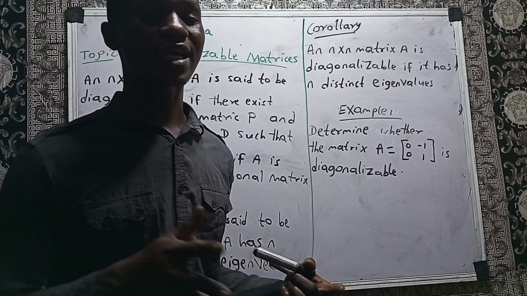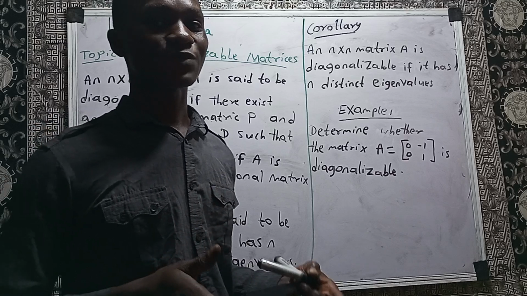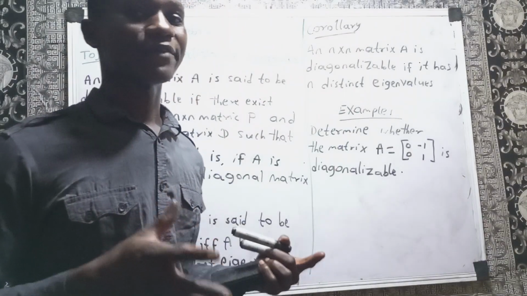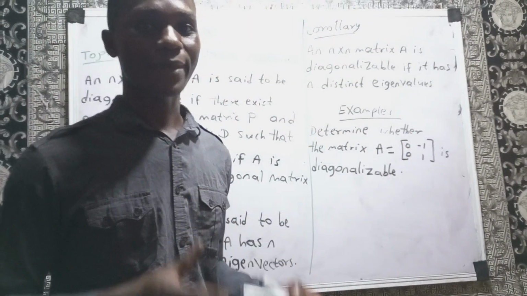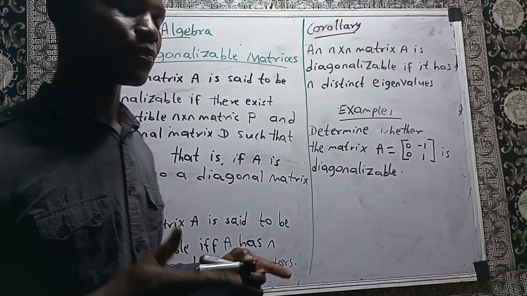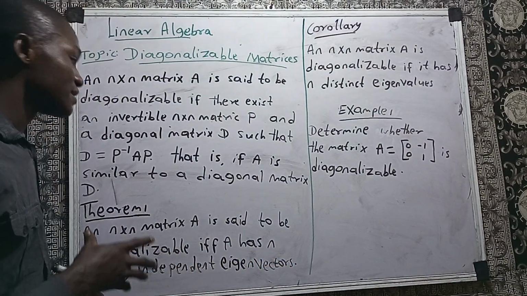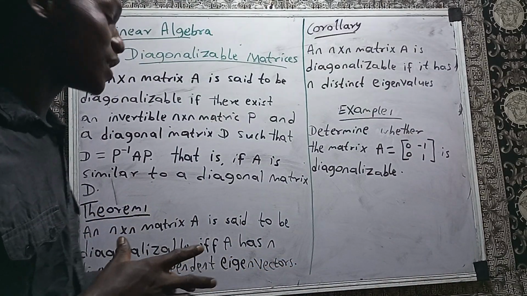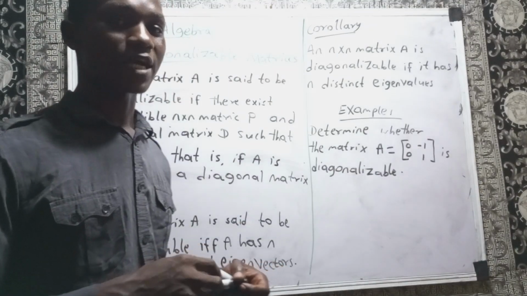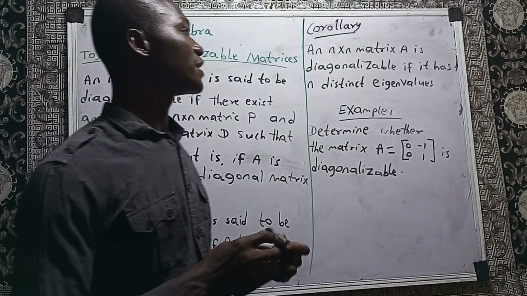So you first of all compute the eigenvalues and get the corresponding eigenvectors. If the eigenvectors are linearly independent, then that particular n by n matrix must be diagonalizable.